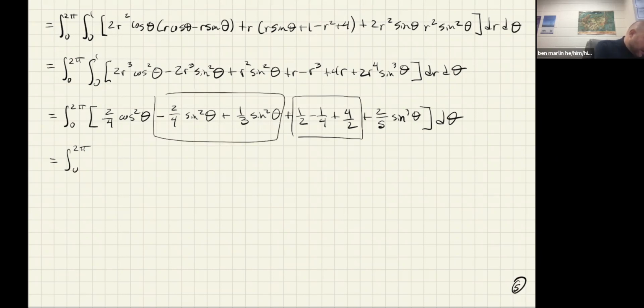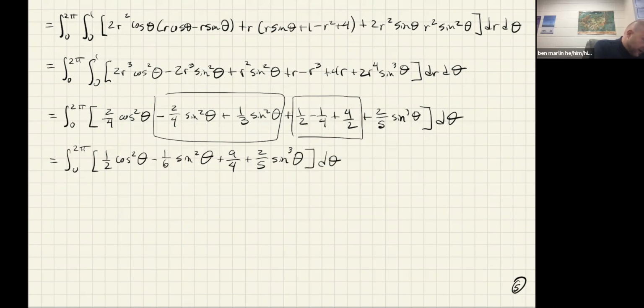But other than that, yeah, 1/2 cosine squared theta minus 1/2 and plus 1/3, so minus 6 sine squared theta, and gosh, 5 halves minus 1/4, so 9/4 plus 2/5 sine cubed theta, d theta.